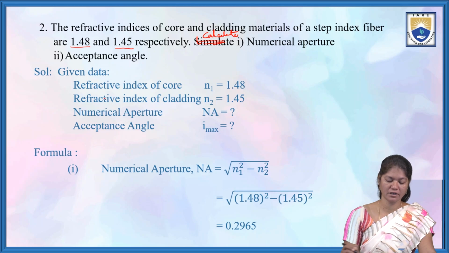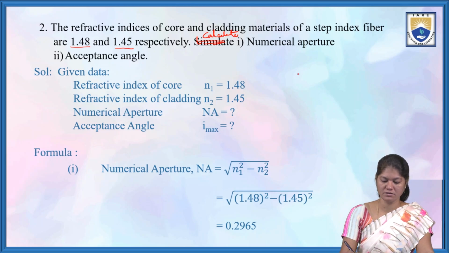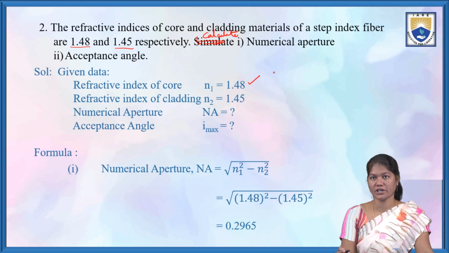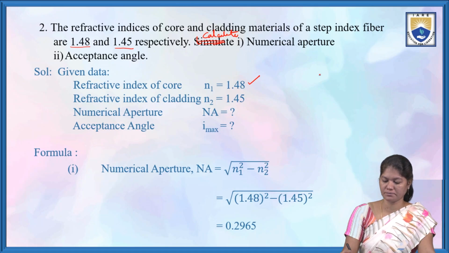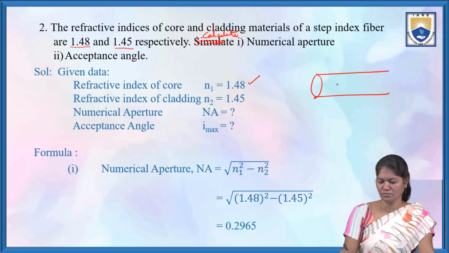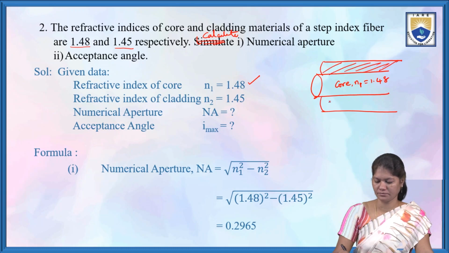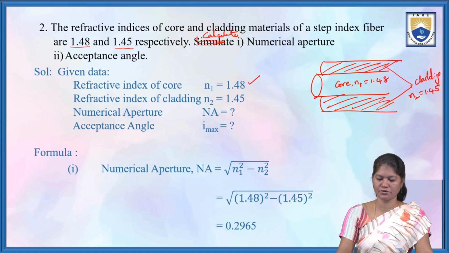So the data given in the problem is the core refractive index N1 equal to 1.48 and the cladding refractive index N2 equal to 1.45.